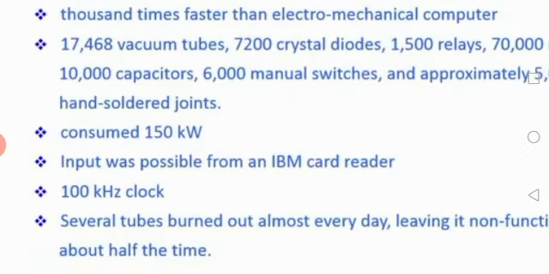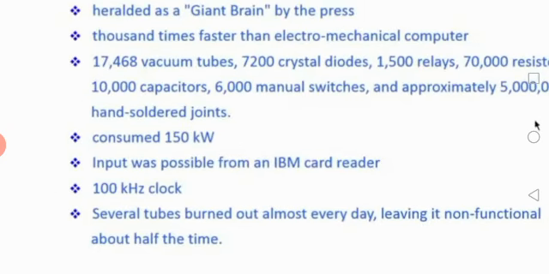And nowadays a household generally has a power connection of 5 kilowatt, 3 kilowatt, 4 kilowatt, and you can imagine how much power a computer was using in the past times, because we used the vacuum tube technology. And input was available from an IBM card reader and a 100 kilohertz clock.